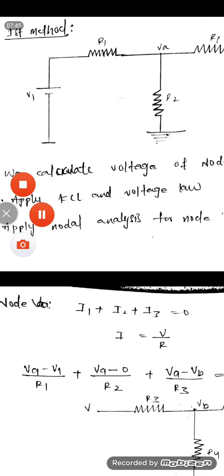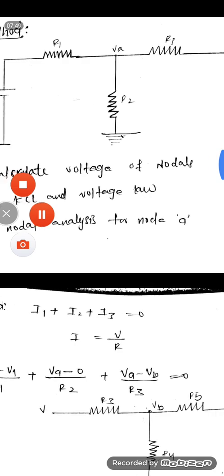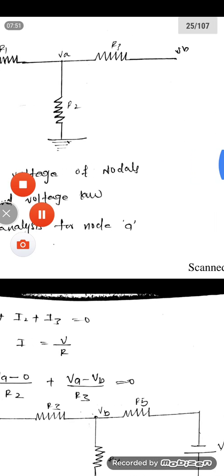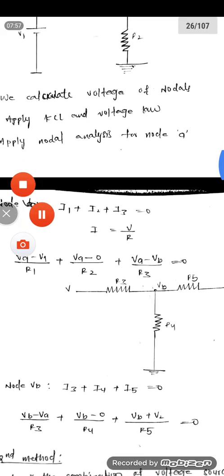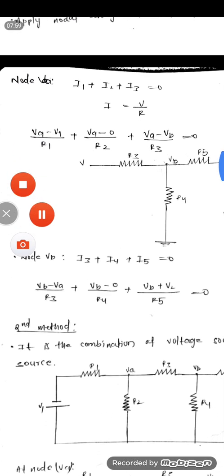Next, VA minus VB by R3. So VA minus V1 by R1, plus VA minus 0 by R2, plus VA minus VB by R3 is equal to 0.